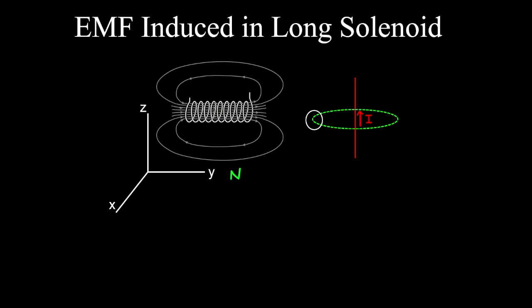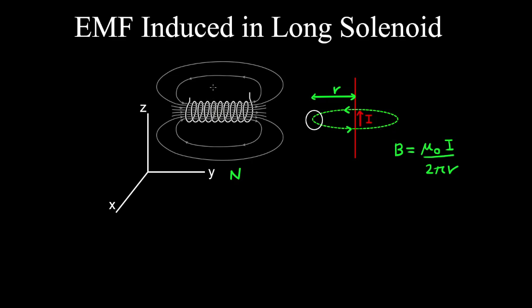So as we know, the magnetic field produced by this wire has a magnitude of the magnetic permeability times the current over 2 pi times the radial distance away from the wire. And by the right hand rule, the magnetic field lines will flow anti-clockwise.